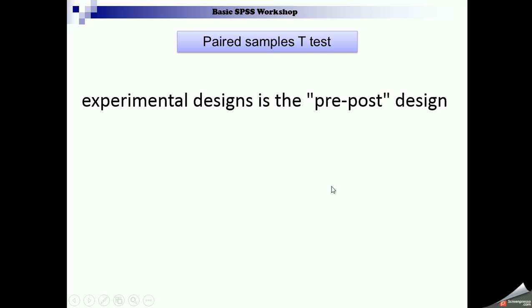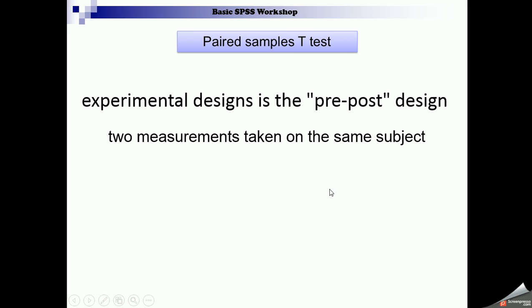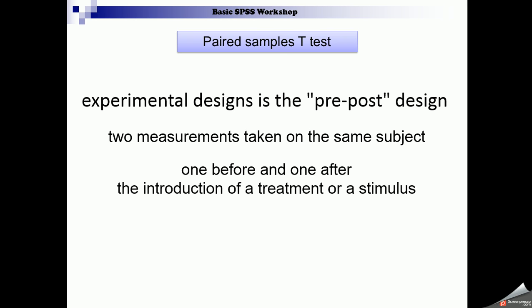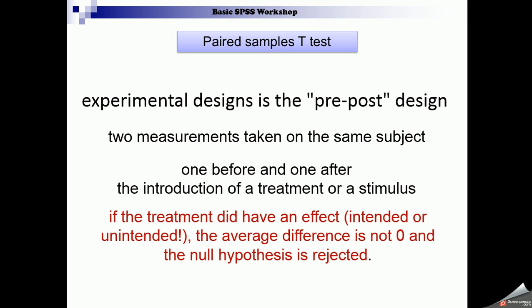Hello everyone, today we are talking about the paired samples t-test. We can do this test when we have a sample and we want to test, for example, a treatment. So we test pre and post the treatment. Let's say we want to test some kind of medicine.